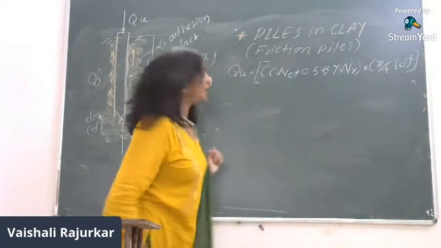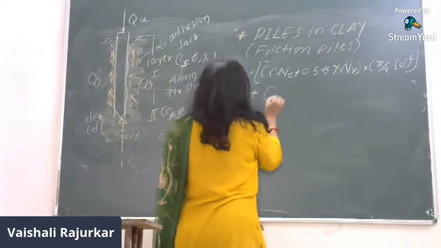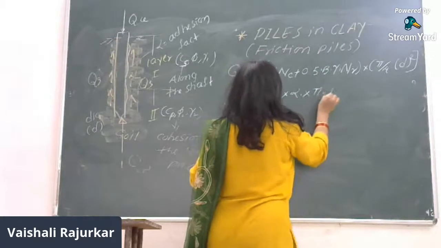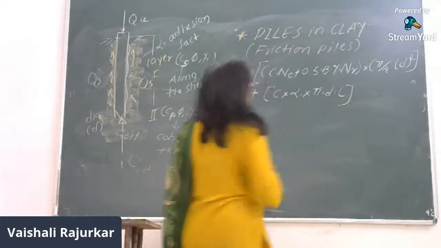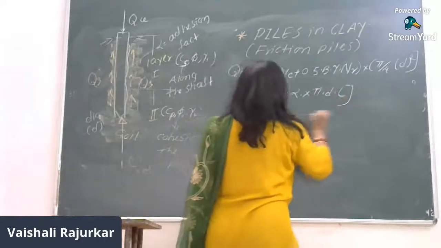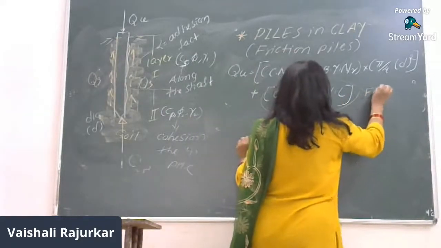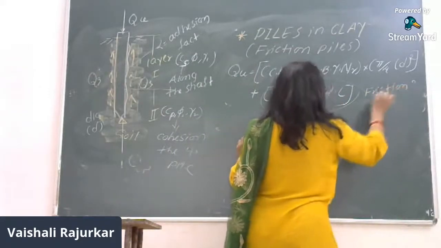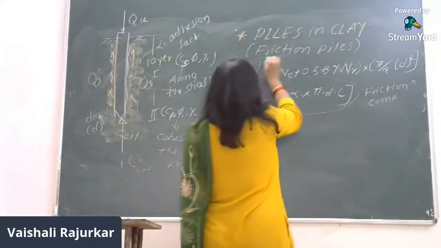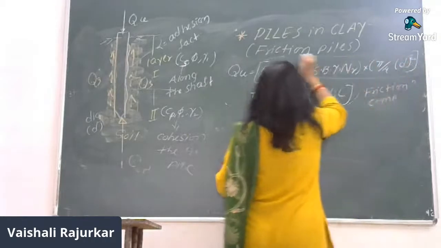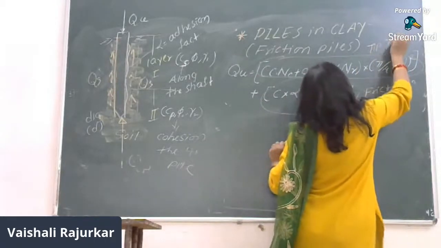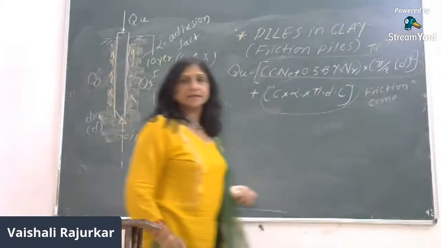So this is QP, plus C into alpha into pi D L. This is the friction component, and this is the tip resistance. So here these are the two components.